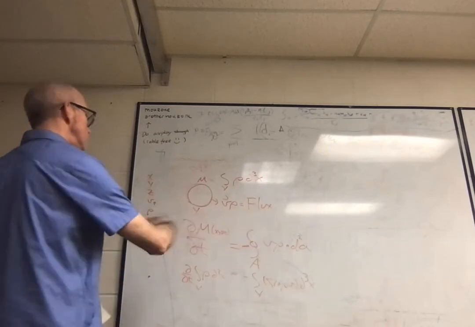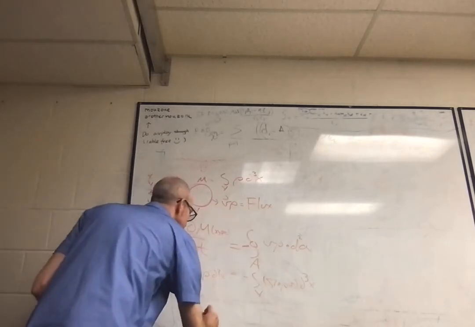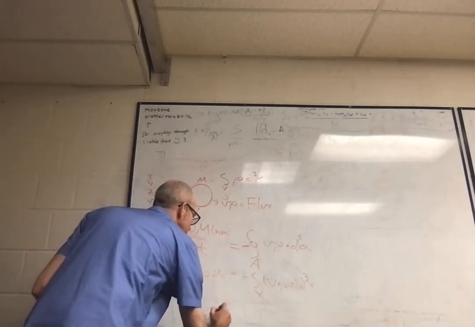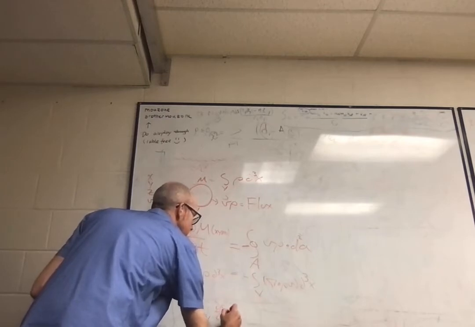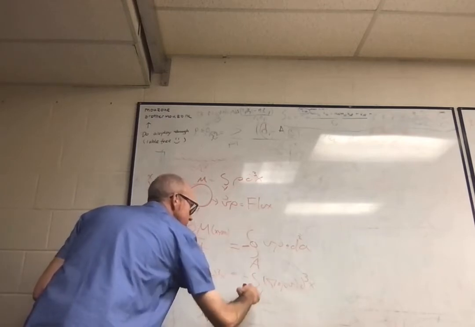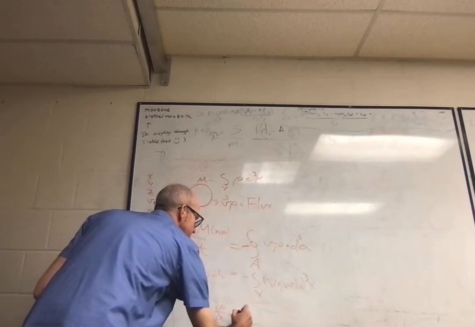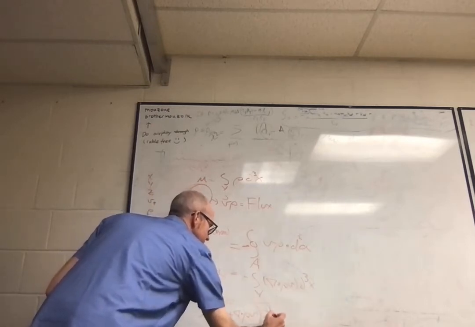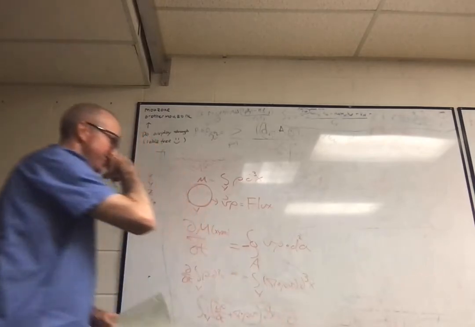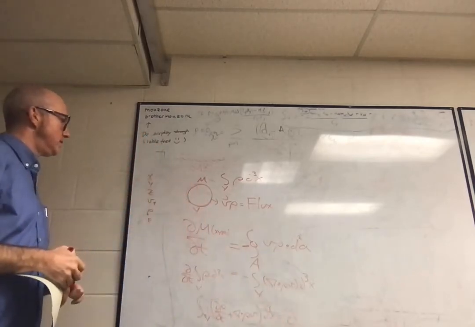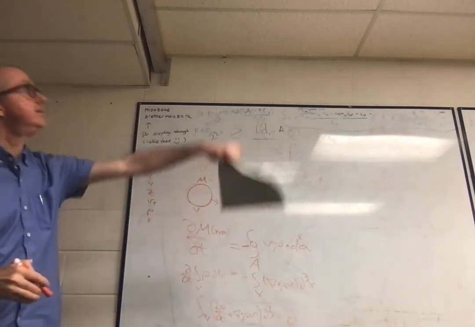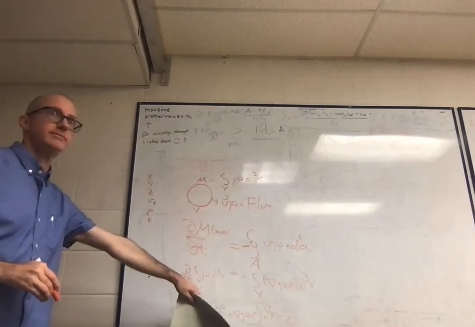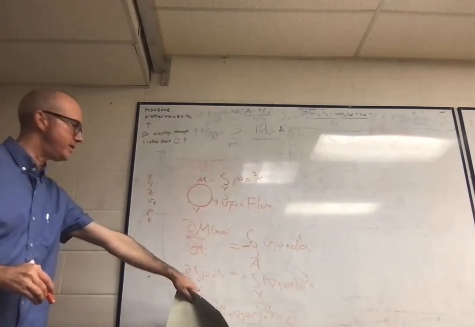So I shove everything to one side, and I'm left with an integral over V of partial rho partial t plus, I'm going to move this to the other side, plus div rho v, we integrate all of this d cubed x, equals 0. Okay. Now, the inside, you'll notice, is over there.